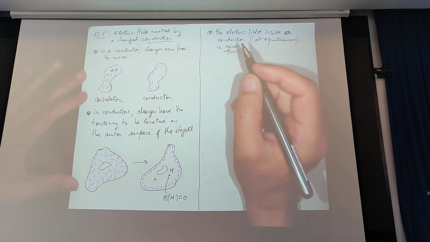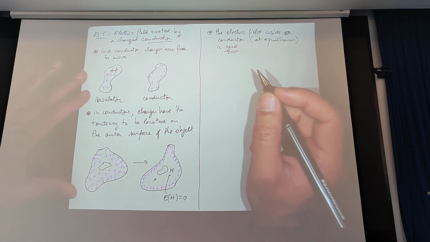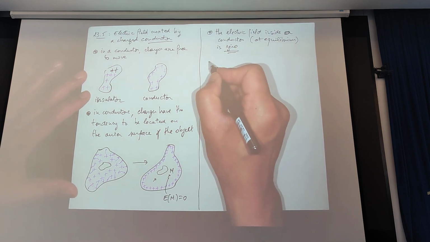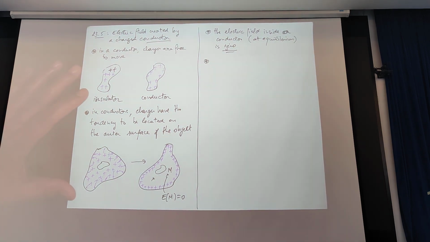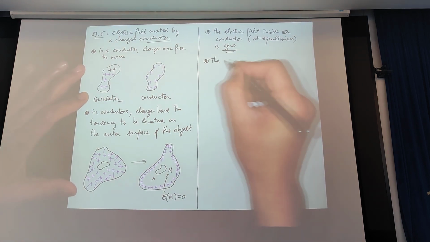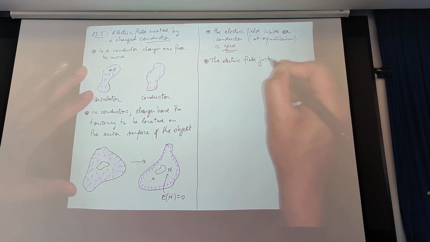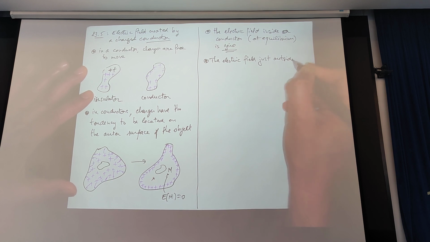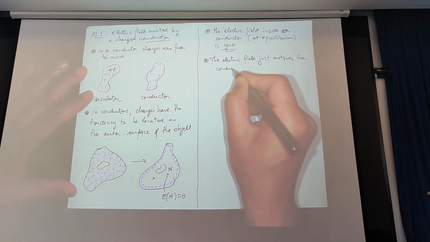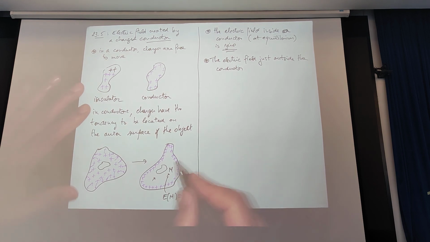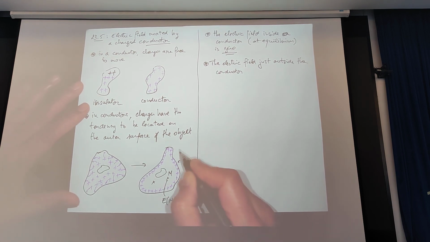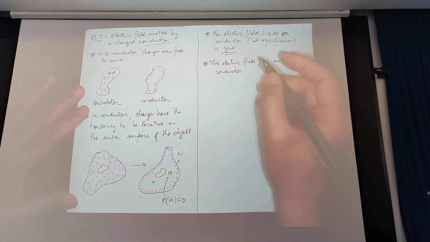Okay, so now the next question is, what is the electric field just outside the conductor? So we want now, for example, to calculate, let's say at N, the electric field outside.